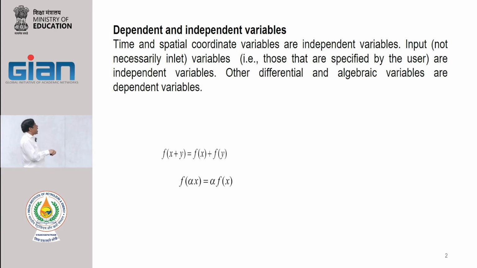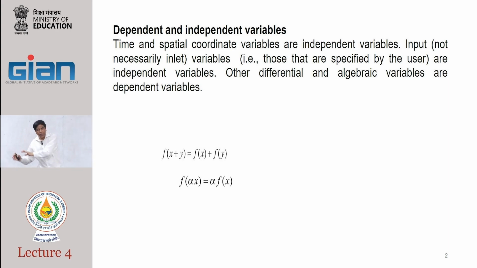In addition to that, there are input variables, right? These are not necessarily to be confused with inlet. If it is not necessarily an inlet, we call it an input or specified variable. These are also independent variables. The way to understand what an independent variable is: it is something that does not depend on the model. It is you who can specify it.